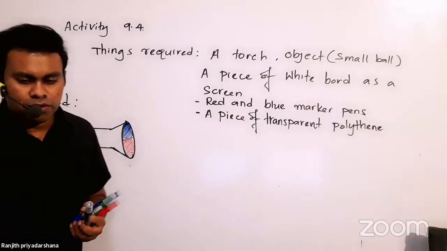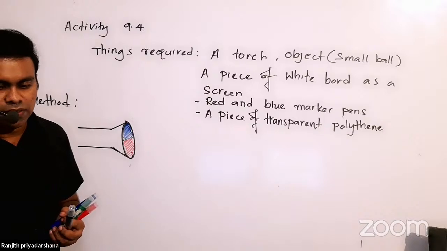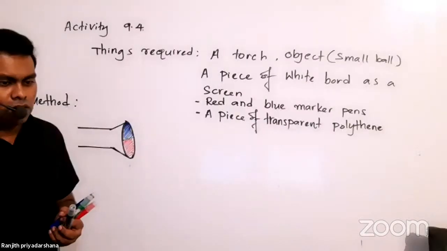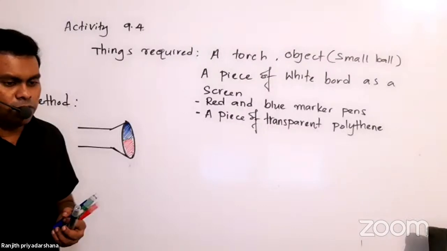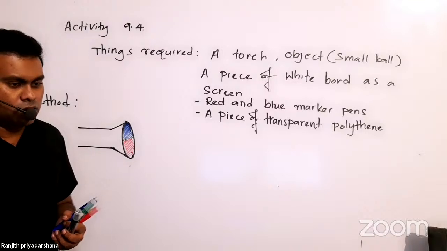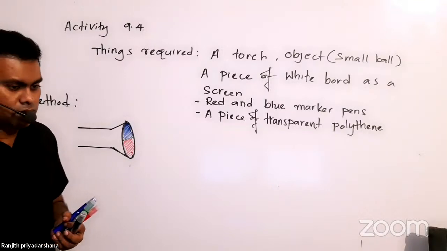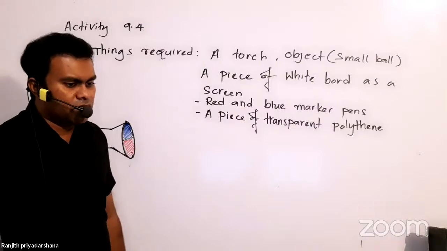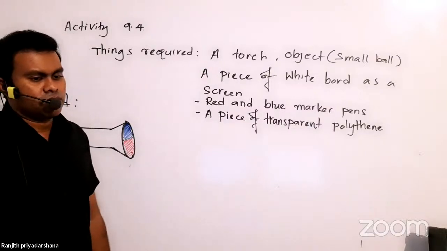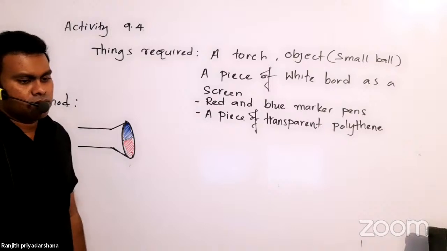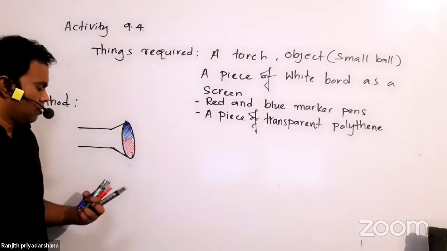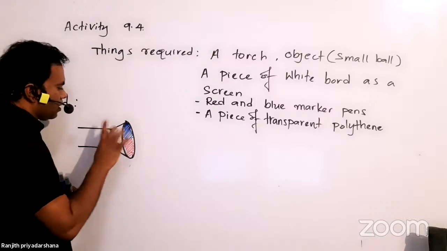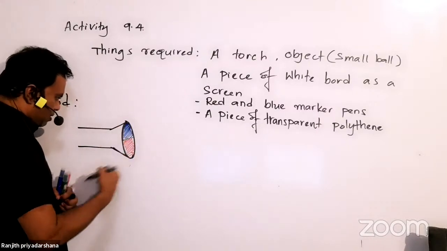First, you have to stick the polythene paper to the face of the torch, or you can directly color it, no harm, because there's a glass. You can stick or tie. Or the polythene like this.